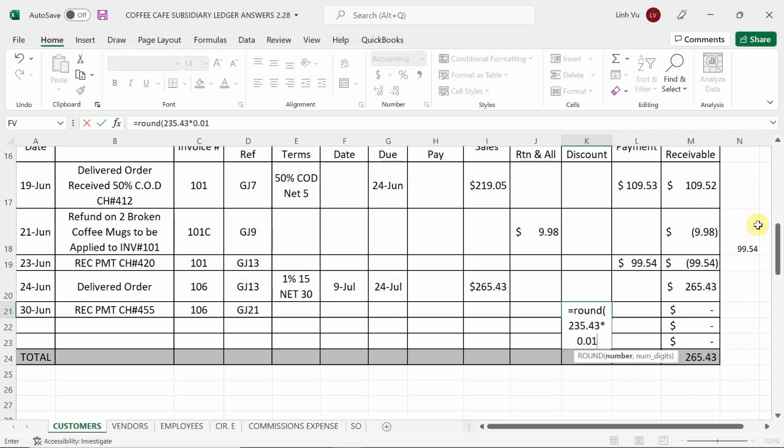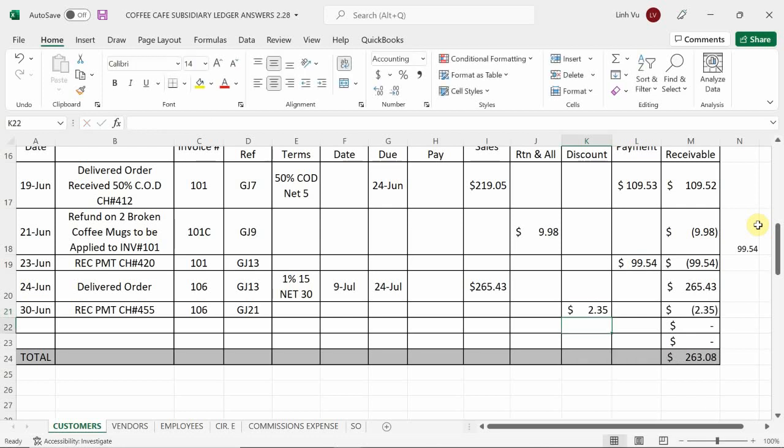I'm going to use the round function. We're taking a 1% discount, and that gives us a total of $2.35 off of the amount she owes.